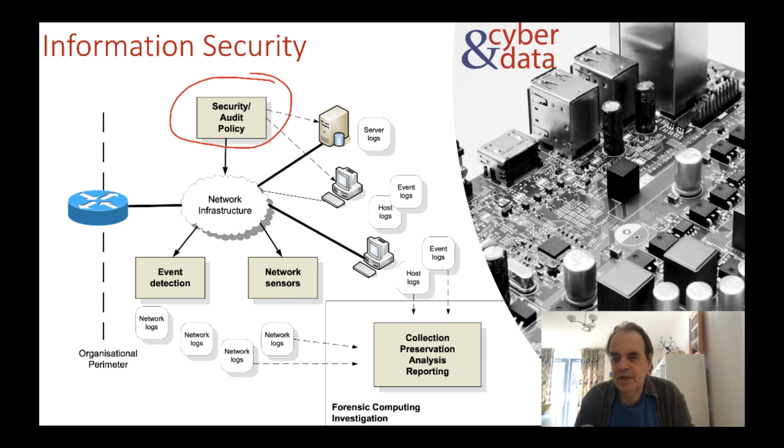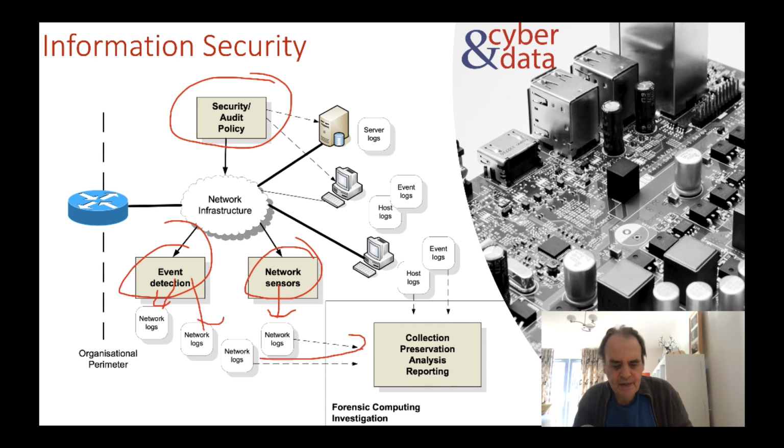To make sure that we are implementing our policy correctly, then we will set up event detection systems and also network sensors around the network to be able to pick up events as they happen. So these events can then go into logs, and these can then be aggregated into our infrastructure for some sort of investigation.